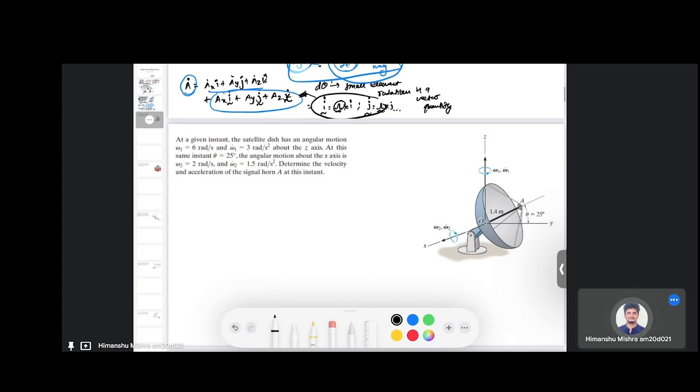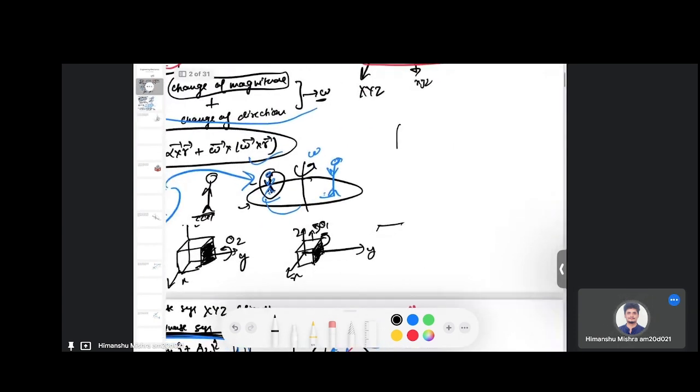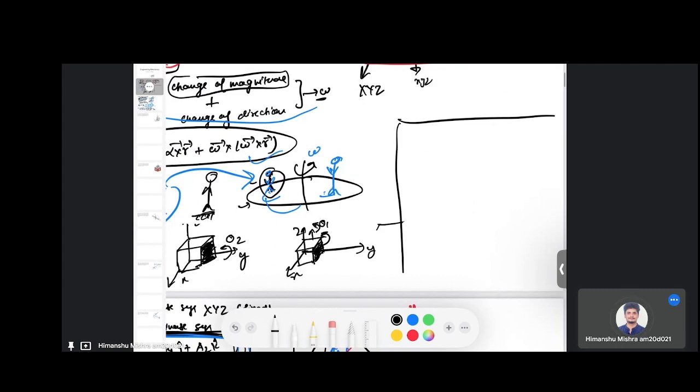Before solving this problem, let's talk about another concept that we will use here. Let's say we have this system: this is the z axis, this is x and this is y.